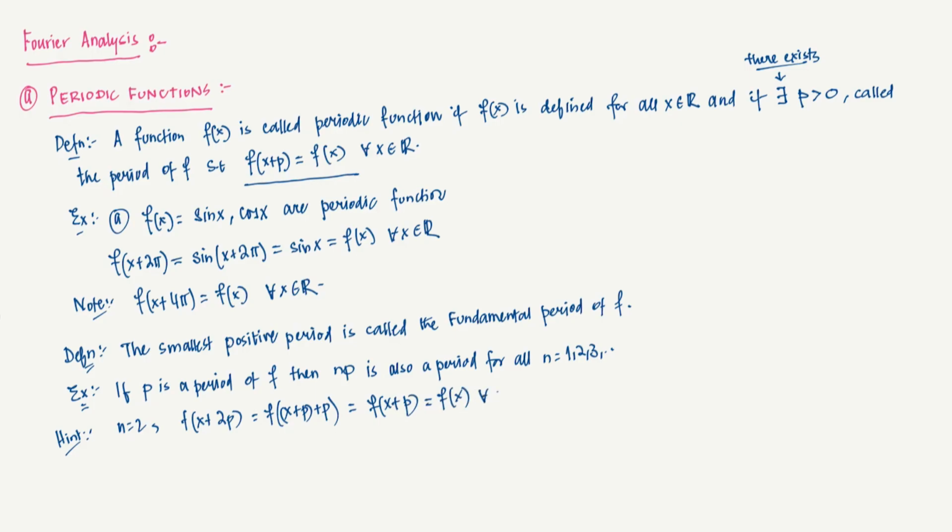So for all x in R, f of x plus 2p equals f of x, and hence you can also show that this is true for any n in a similar manner.